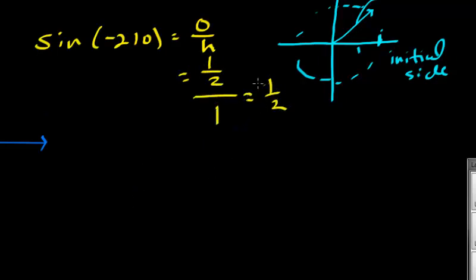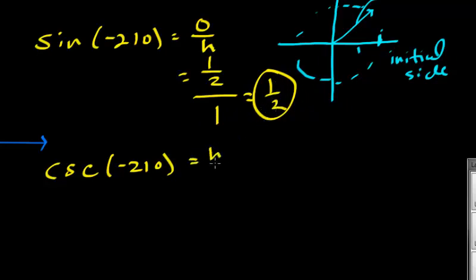So the sine of negative 210 equals 1/2. The cosecant of 210 is the inverse of this. So it's just going to be hypotenuse over opposite. We can just flip this fraction over and make it 2 over 1, which we could call 2. That's the cosecant.